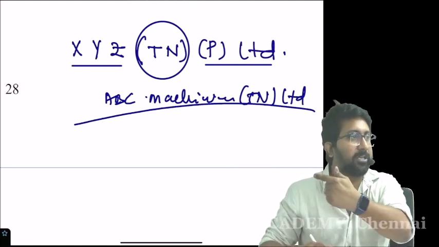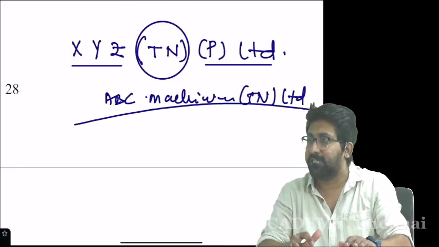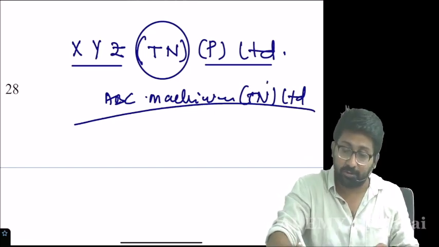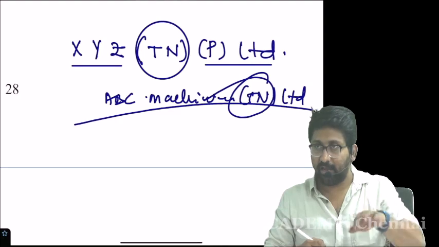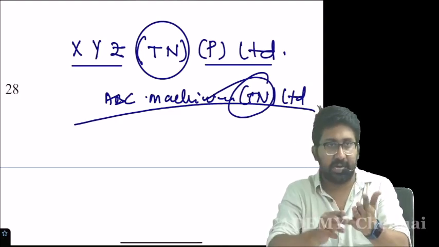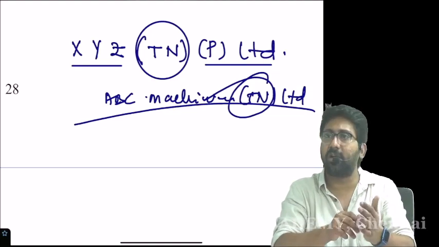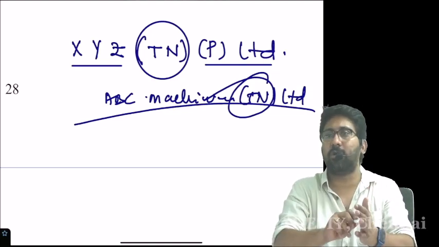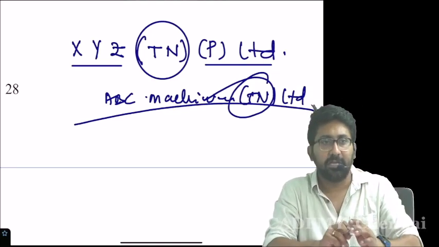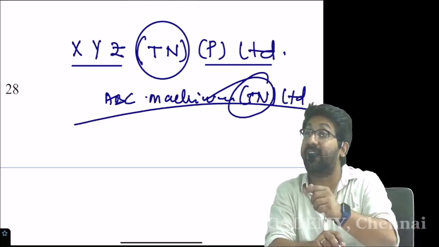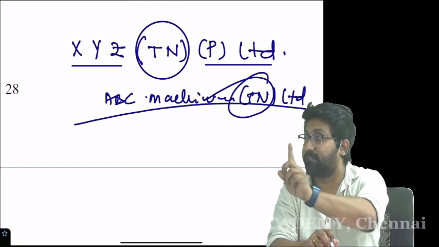Maybe government support is there for this company, but really no. Just to create that false impression, they are using the word TN, the government name. Any central government or state government or local authority or any body constituted by the central government or state government, if you are using the name, unless they really give you support, you should not use the words.